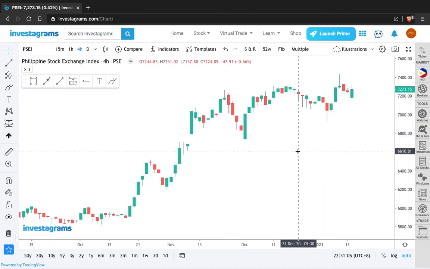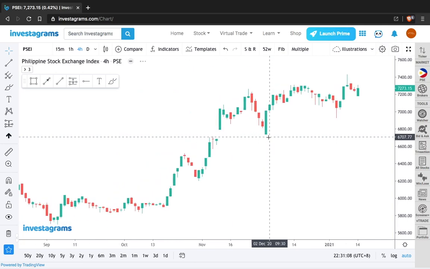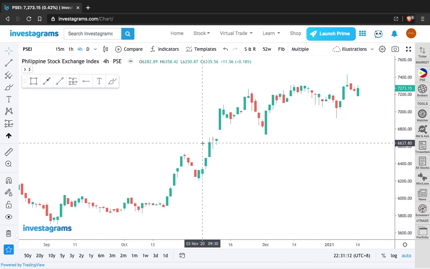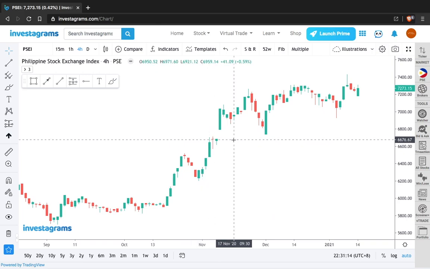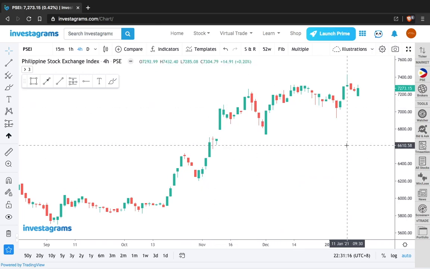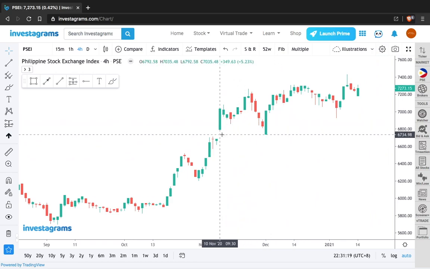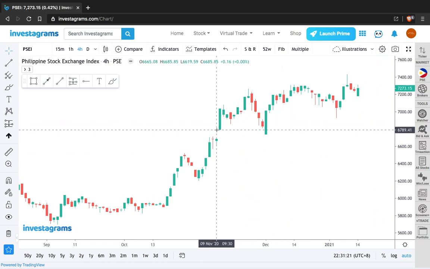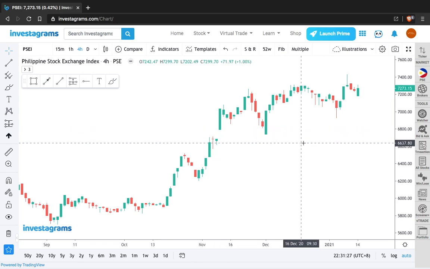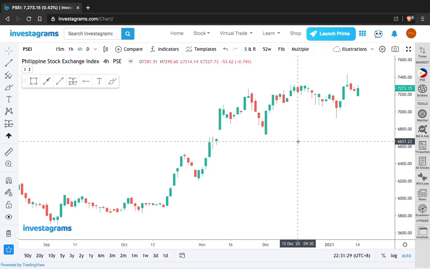We'll just use PSEI as an example because we can clearly see great price movements or great candlestick movements, price action movements as well. But this is applicable to any stock that you go into because they're all made up of candlesticks and all those data. So let's get right into my step-by-step charting, like how I chart.